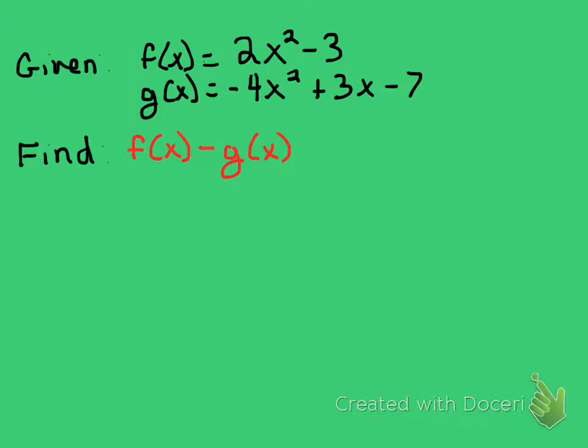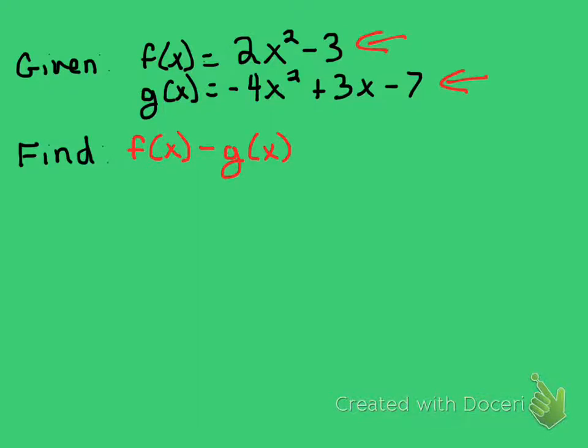So here you are given two functions. You're given that f of x is equal to 2x squared minus 3. You're given that g of x is equal to negative 4x squared plus 3x minus 7, and you are asked to find f of x minus g of x. Now what this means is they want you to perform the operation of subtraction on these two functions.